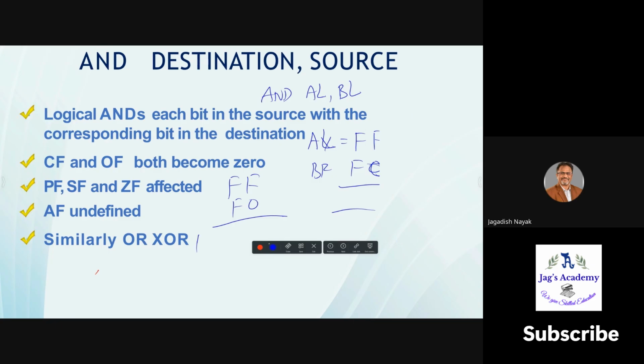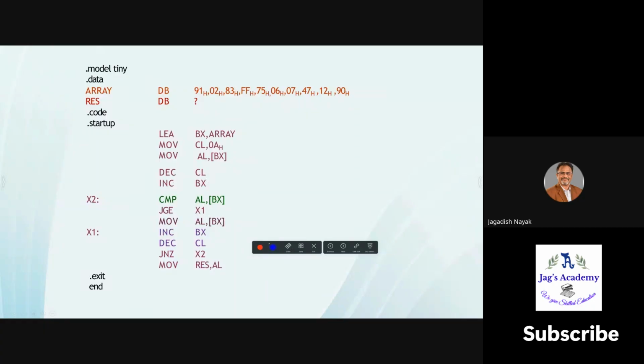Simple. See, 1 1 1 1 for F, and 0 0 0 0 for F0, so it is 1 1 1 1 0 0 0 0. This is the way you can do the AND operations.